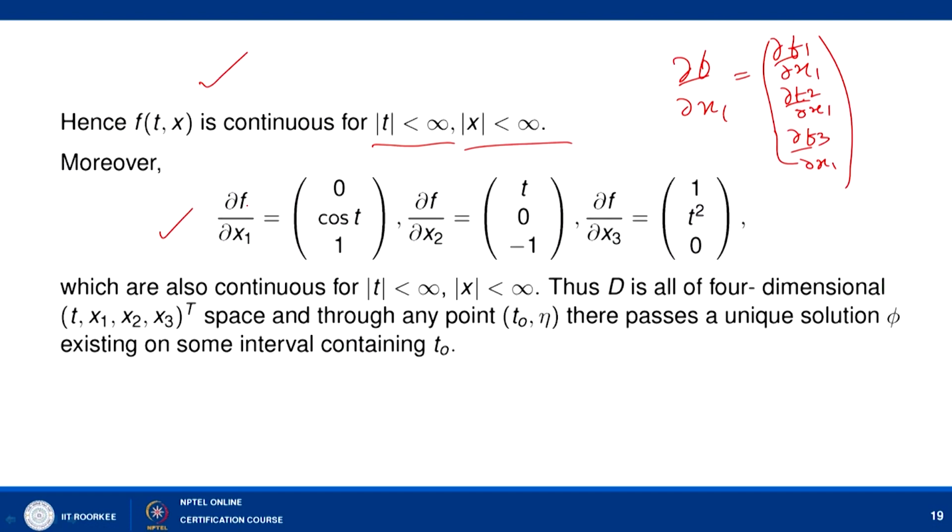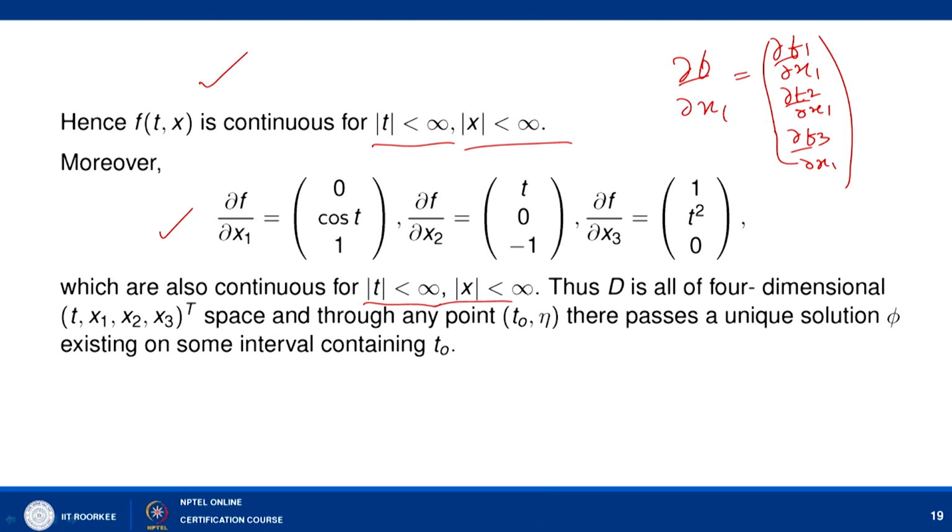Similarly, we can write del f by del x1 as (0, cos t, 1), and similarly we can find del f by del x2, that is (t, 0, minus 1), and del f by del x3 is equal to (1, t square, 0). So, we can say that the partial derivatives corresponding to x1, x2 and x3 are also continuous for all t such that modulus of t is less than infinity, and for all x such that modulus of x is less than infinity.